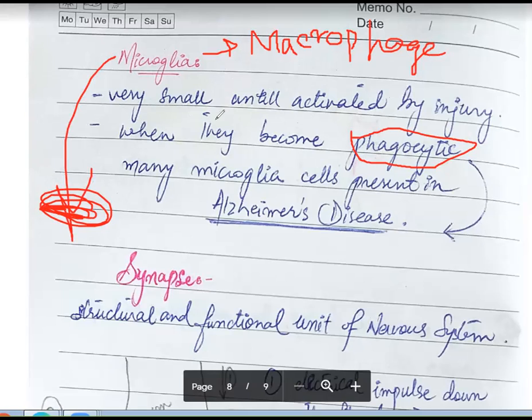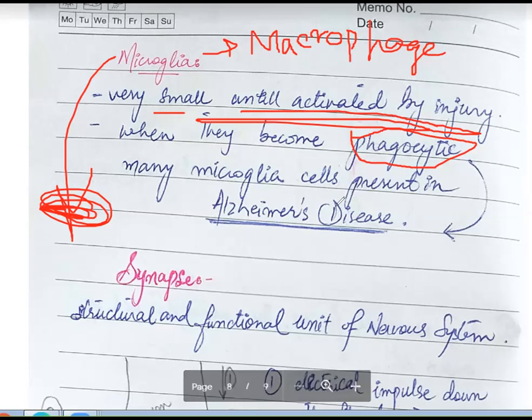Okay, very small until activated by injury, when they become phagocytic. For example, in a disease like Alzheimer's or other diseases, many microglia cells are present. When you do it at the cellular level, microscopic, brain biopsy is also being taken, right?